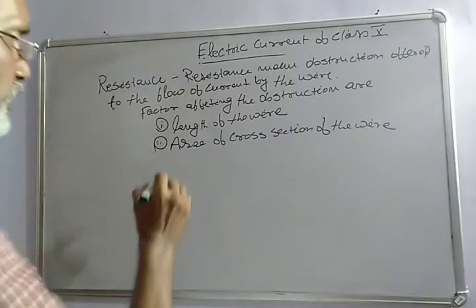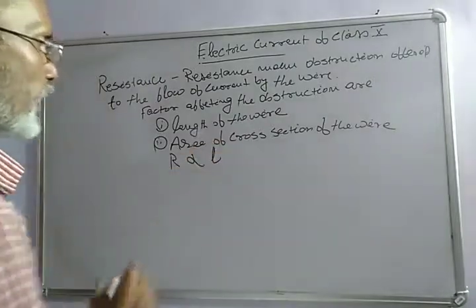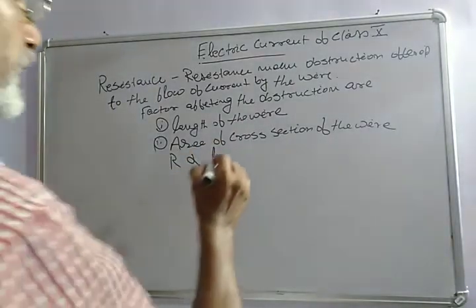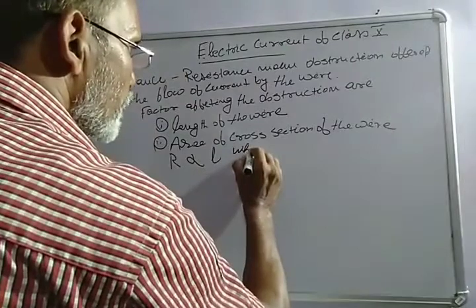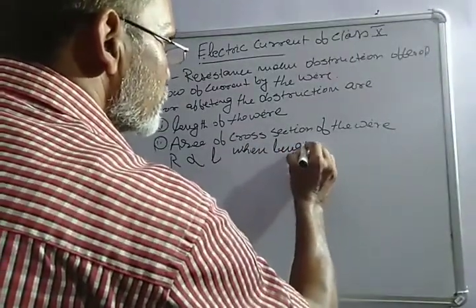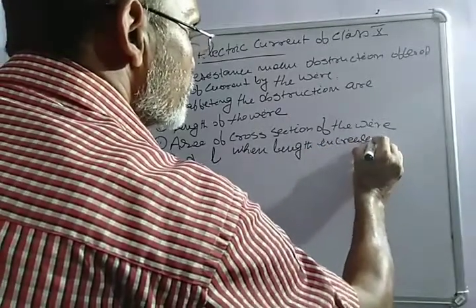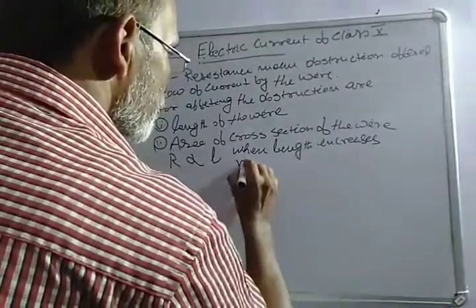Resistance is directly proportional to the length of the wire. That means when length increases, resistance also increases.